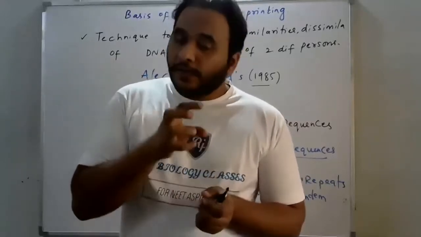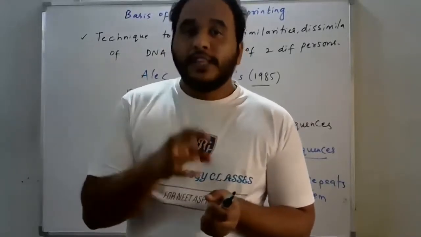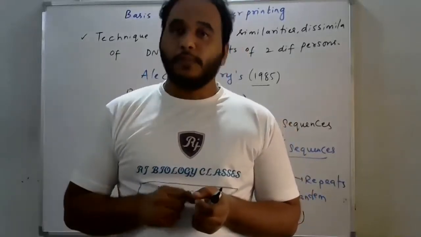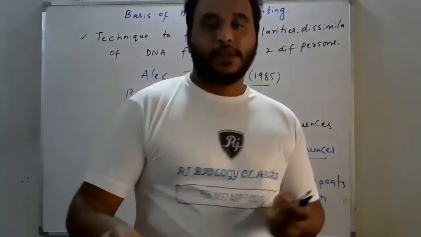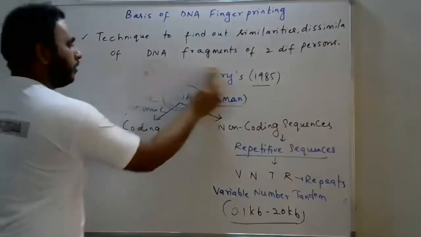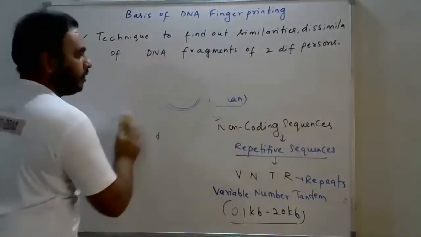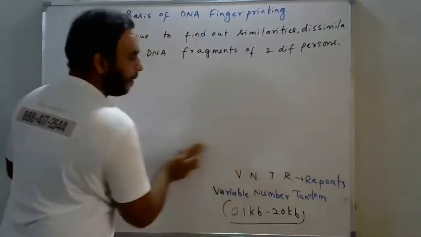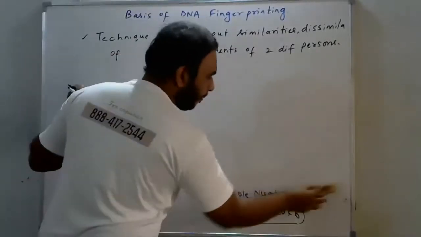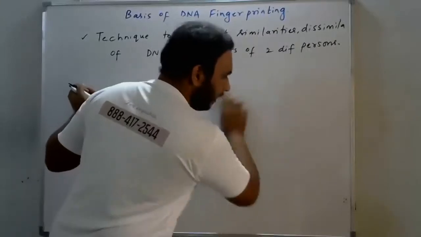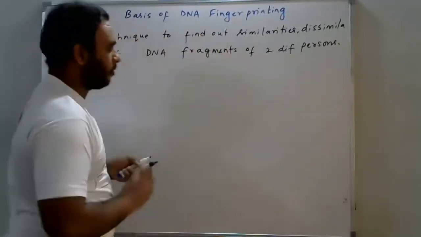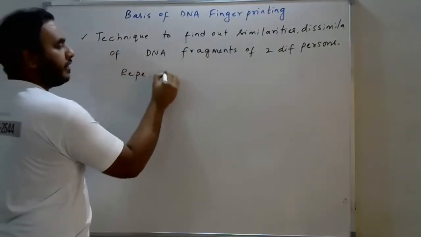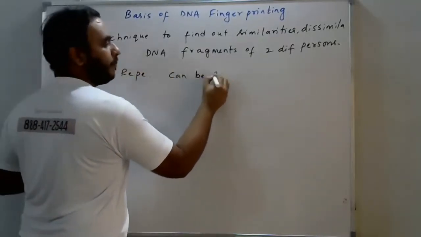But before that, we have to separate based on density gradient. Density gradient centrifugation we have to perform. I will explain the process now: how we can separate these repetitive sequences from the bulk genomic DNA.